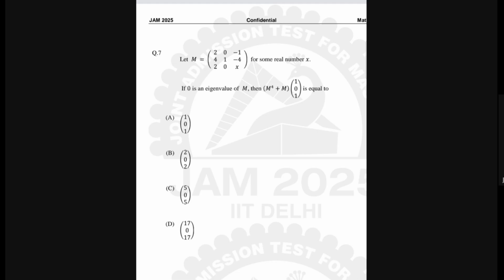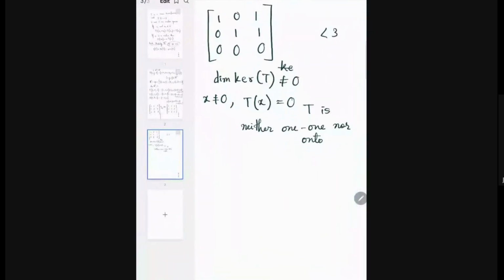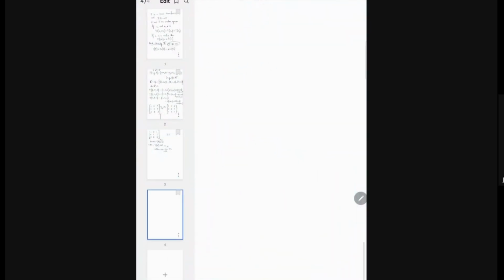Okay, I will start solving. So M is given as 2, 0, minus 1, 4, 1, minus 2, 2, 0, and x.